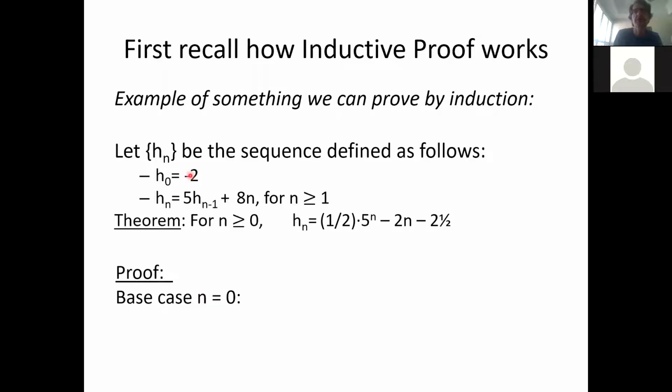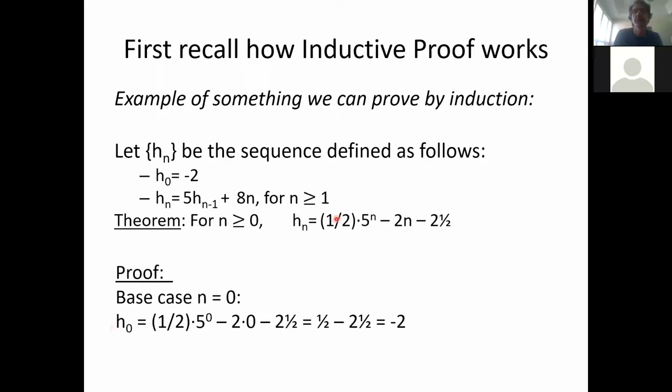Separately for the base case and separately for the recursive case. For the base case, this will be the base case of the proof. For n equals 0, we prove that this formula evaluates this base case declaration of what h0 is correctly. So let's test.